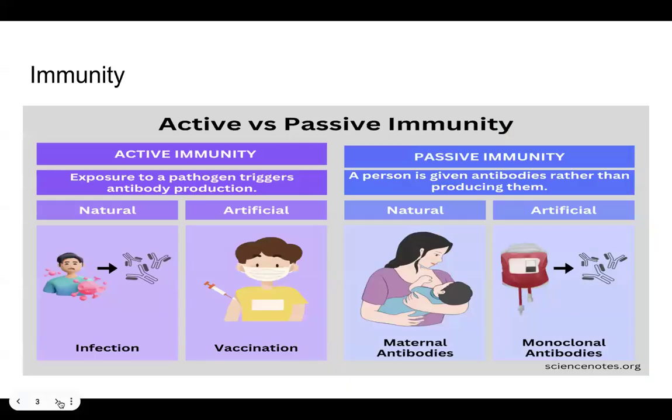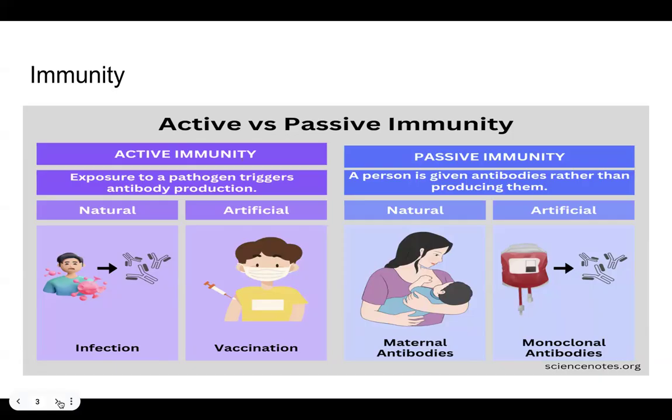When we talk about immunity, we are talking about active immunity versus passive immunity. Active immunity is when you are exposed to a pathogen that triggers antibody production. This can either be natural via infection or artificial via vaccine.